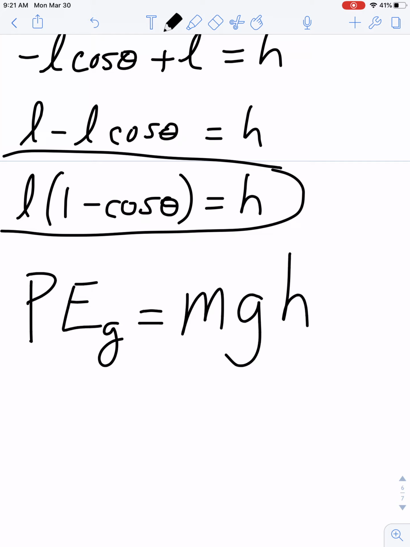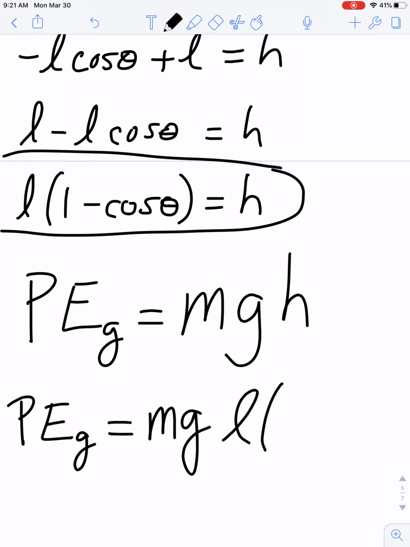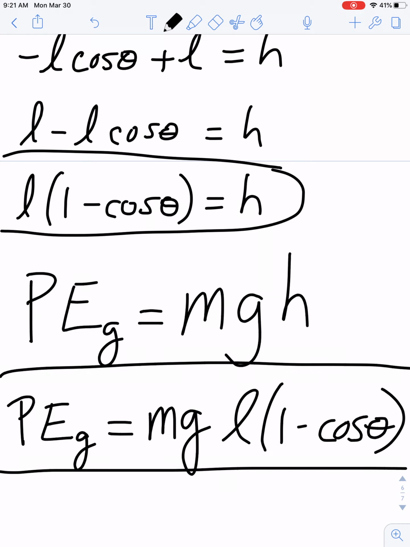So since we now have a new expression for H in terms of L, we can go ahead and make that substitution here. And so this is another very important formula, which is the potential energy of a pendulum as a function of the length of the pendulum and the angle of the pendulum.